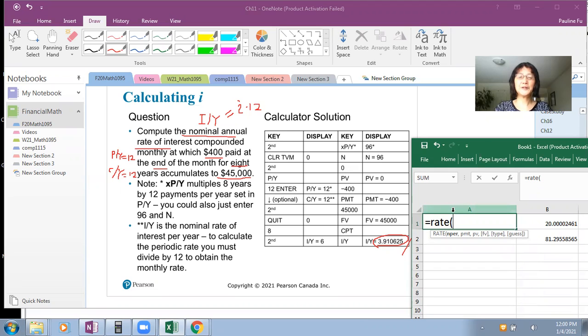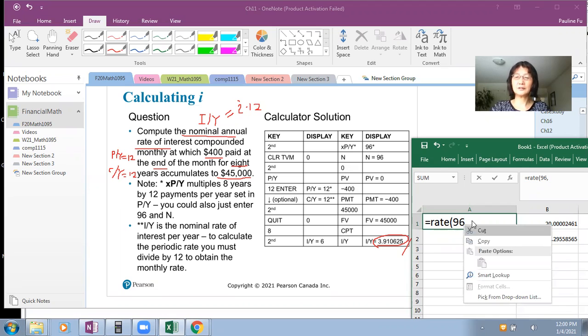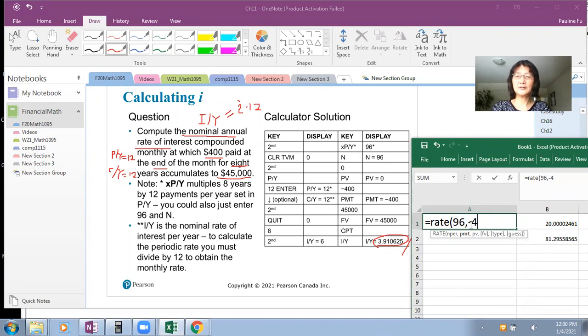So now let's do the periodic rate in Excel first. The first parameter, NPER, number of payments, 96, comma, PMT, negative 400, PV is 0, FV, 45,000, type is 0. We omit it. So this is the formula.